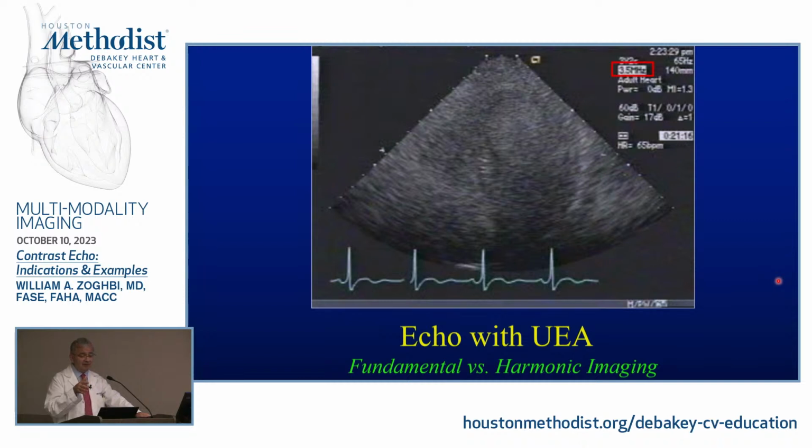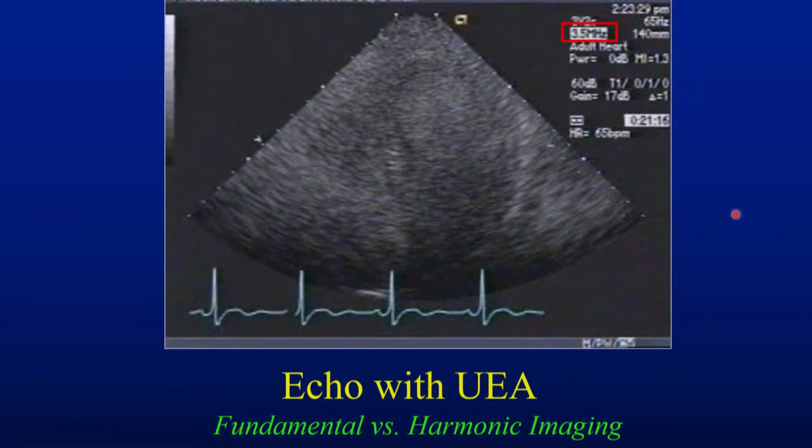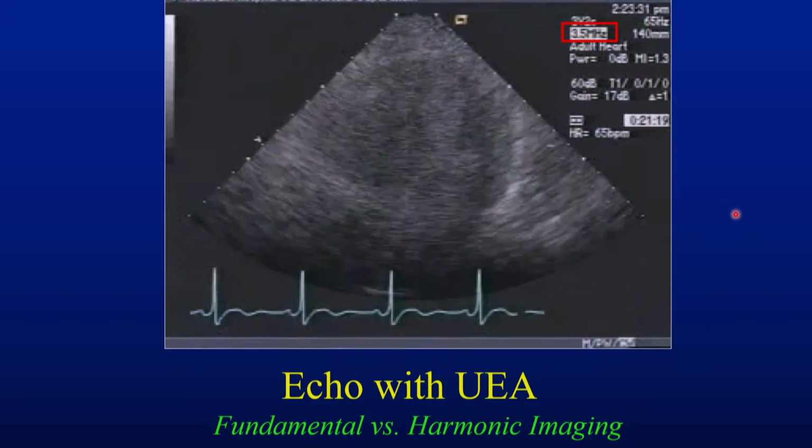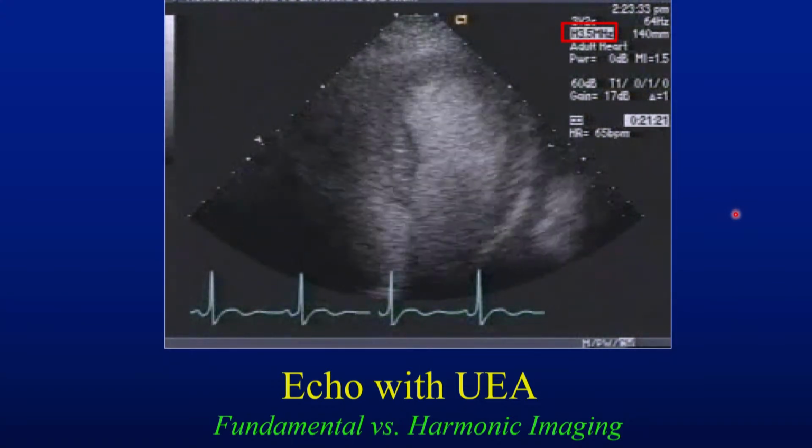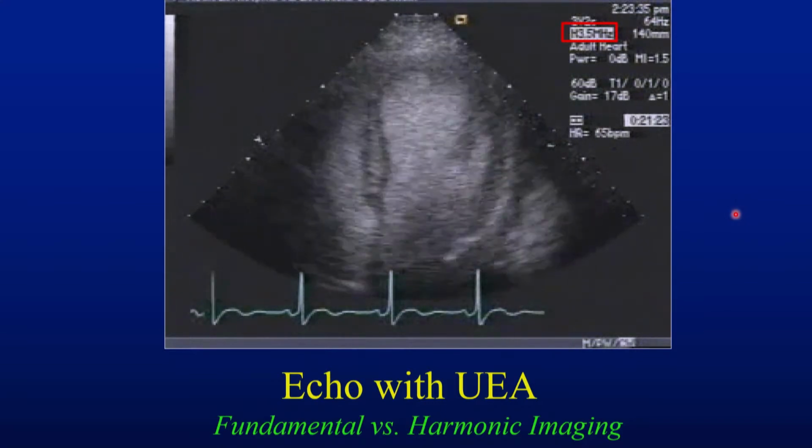Because contrast is almost the same intensity as myocardium, and it's all blurred. Okay? So here is 3.5 megahertz fundamental. And you will see an H where it's harmonic, and you'll see the difference in this. It'll go from horrible to beautiful. There you go. Harmonic.